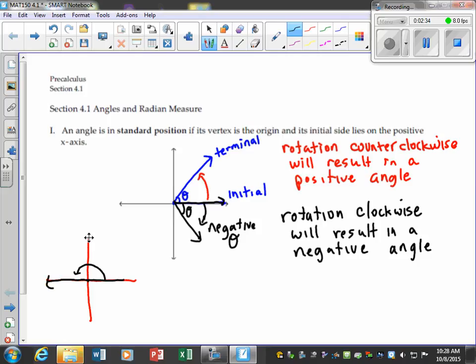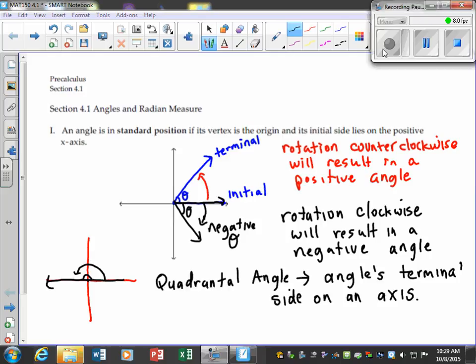So this angle theta from here to here is going to be a quadrantal angle. So basically, if it starts on the initial side and our terminal side lies on one of the axes, then it's going to be a quadrantal angle. So let's make a comment about that, and so we define that there.